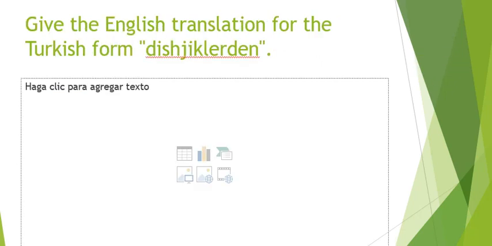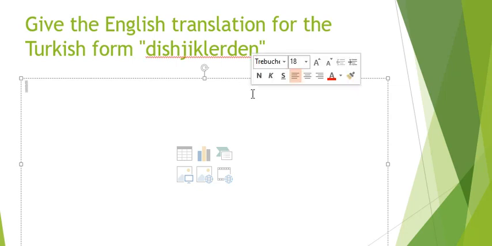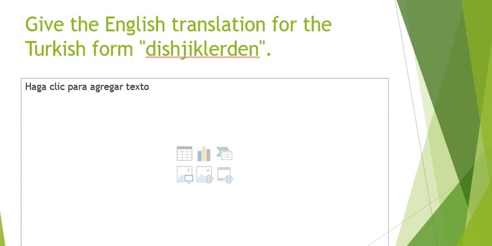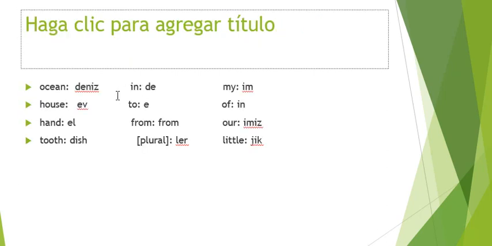So this is the expression that you use to say of our little hands in Turkish. The other question is, give the English translation for the Turkish form dişciklerden. Dişciklerden. You are going to do this from the back to the beginning. Then, what is den in Turkish?